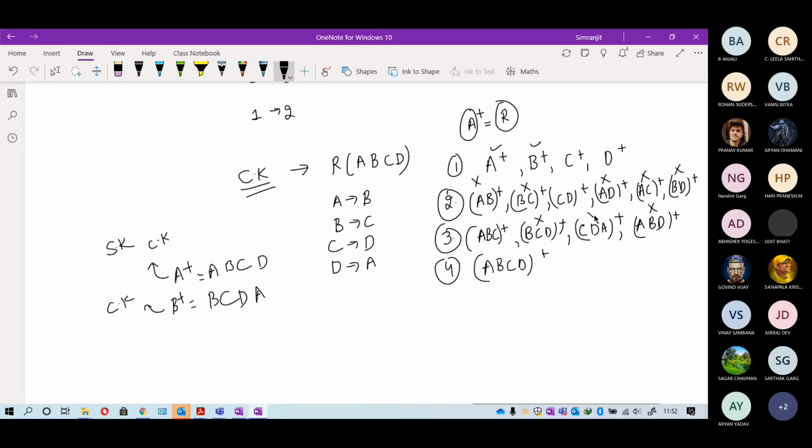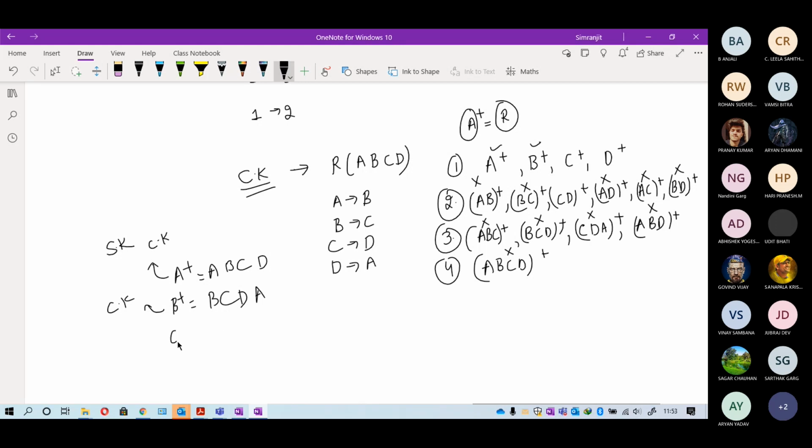ACD is also not a candidate key because A is already a candidate key, so it will be a superset. You're getting my point here: if you are able to get the smallest one-length attribute to be a candidate key, there are so many things that you do not need to figure out.